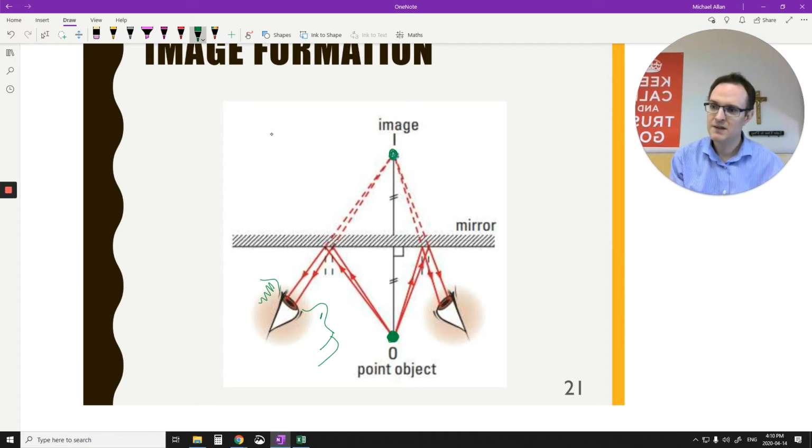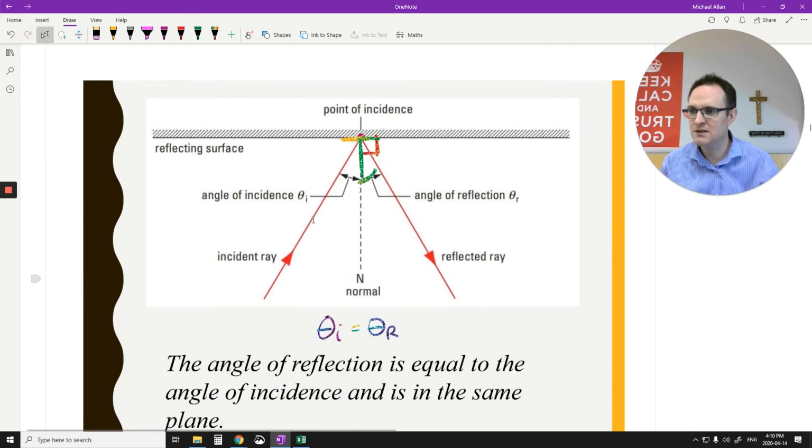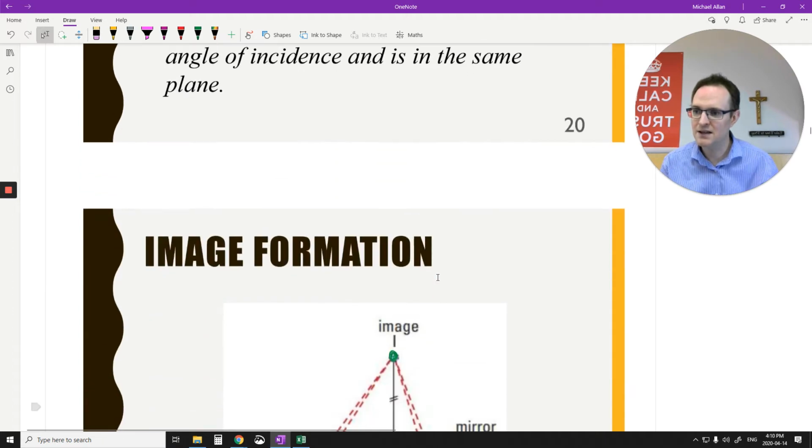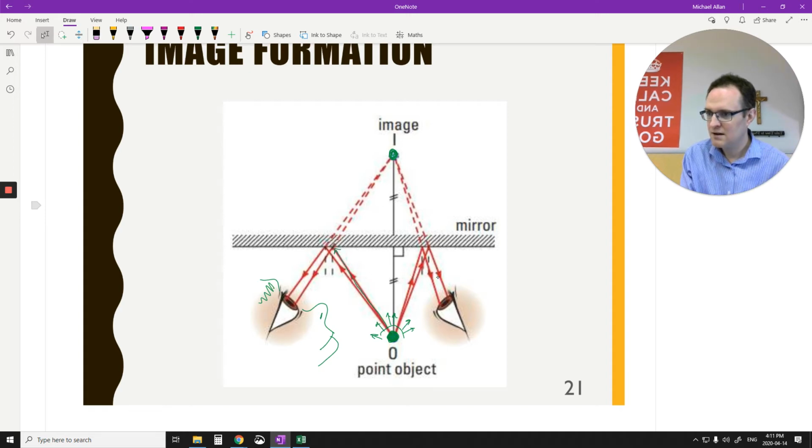How that works is that rays bounce off the object in all different directions, just like the law of reflection here. You've got all these incident rays hit this point of incidence and then reflect off, and they're going to reflect off in all different directions, right? And then some of those rays are going to follow the right path, hit a point of incidence here, reflect off the surface, and then into your eye.